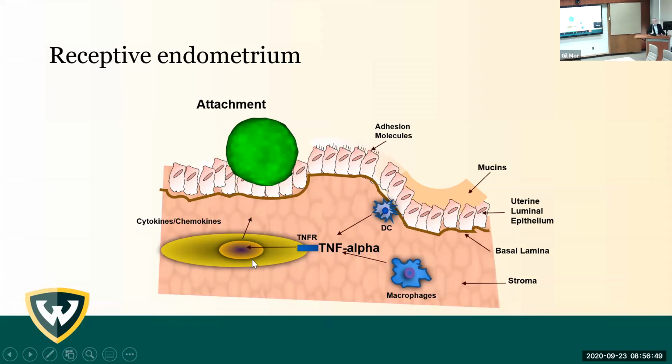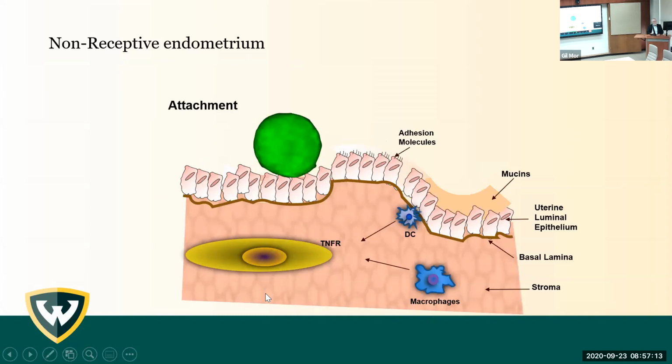That is a manuscript coming soon. And those cytokines reach through the matrigel into the attached blastocyst, and it tells them to migrate and invade. That is when the blastocyst is embedded within the uterus, and the process of placentation can then continue.